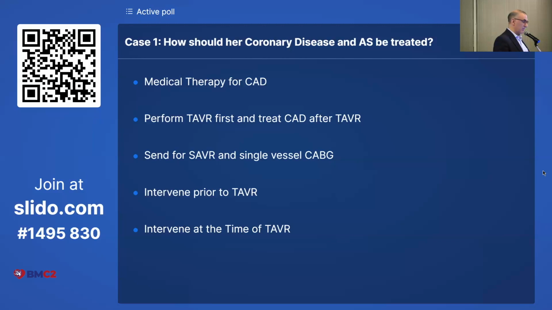So if you can go back to your slide, for those of you who had it, who would propose medical therapy, perform TAVR first and treat the CAD after the TAVR, send for SAVR and single vessel CABG, intervene prior to TAVR, or intervene at the time of TAVR.